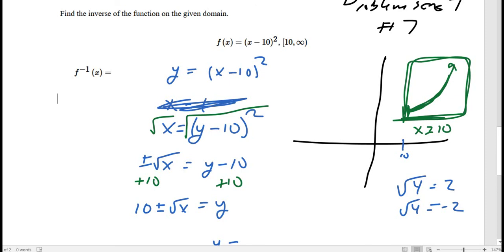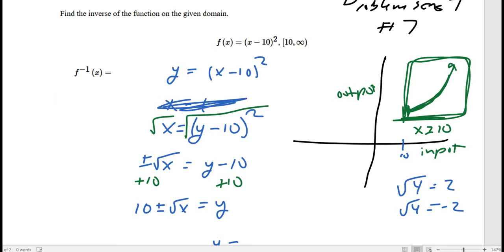The inverse function has those as an output. Remember, the input, which is the x-coordinate, and the output, which is the y-coordinate, get switched for the inverse function. If I want an output greater than 10, I better be adding numbers, not subtracting them.